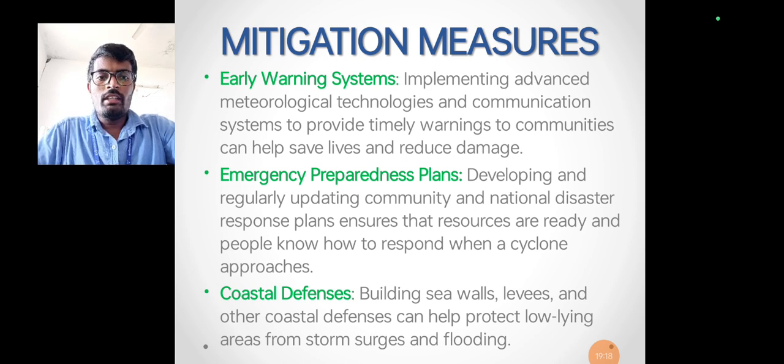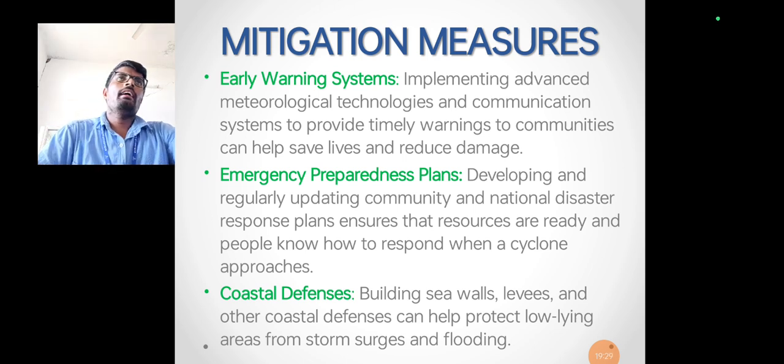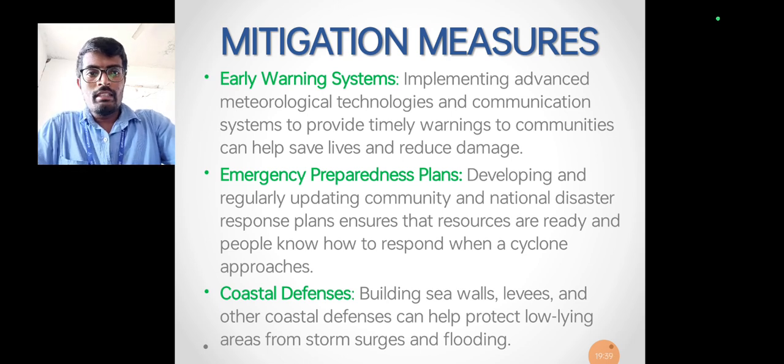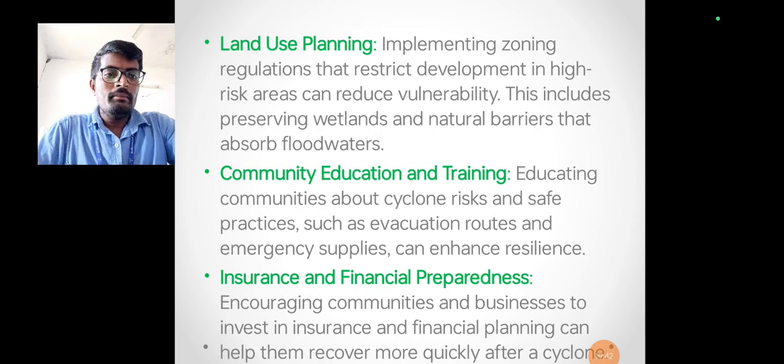Now the third one is coastal defenses. In these defenses, we improve constructional solutions, construct barriers across the wind direction, and promote afforestation. It acts as a barrier to reduce the impacts of disaster.